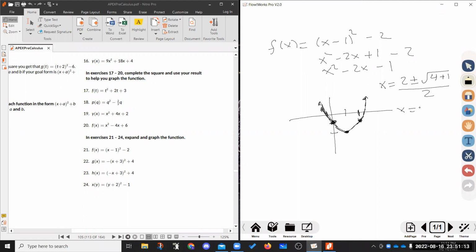It's going to give me x equals 1 plus or minus the square root of 5 over 2. And this is going to be a little bit bigger than 2, and this is going to be a little bit less than -1 over here. So there we go. That is it.